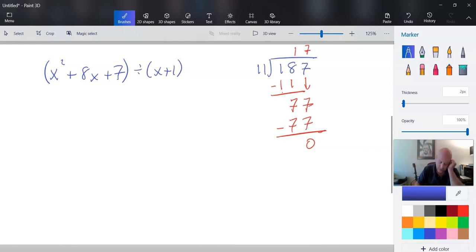Okay, you could also see this written this way. Right, and in this form, it's a rational expression, and that's what we're going to be dealing with in the next section we cover. So this is going to be an important notation as well.